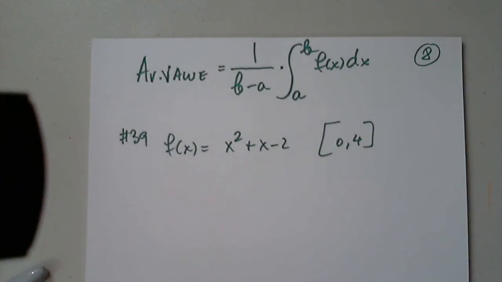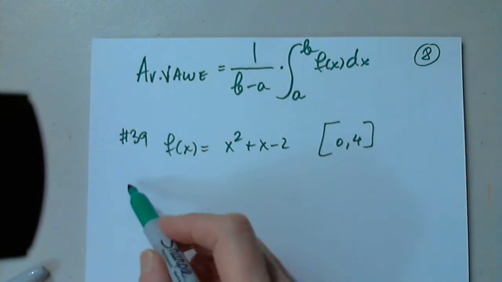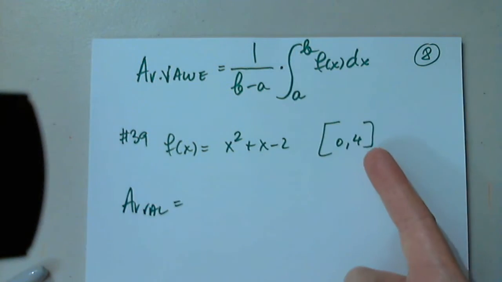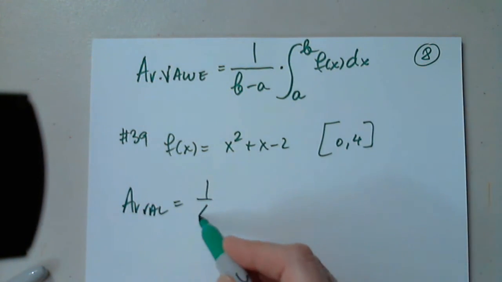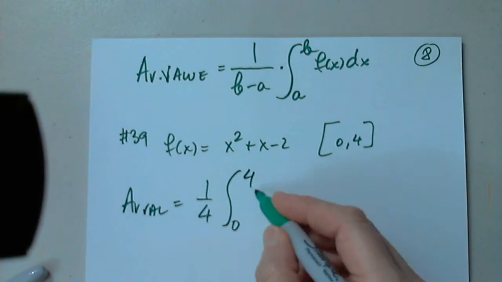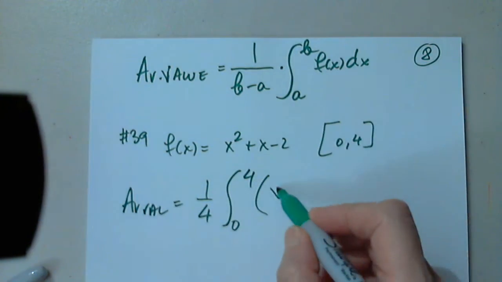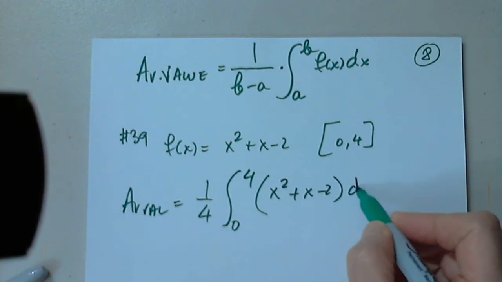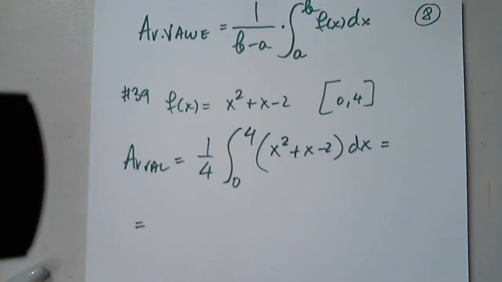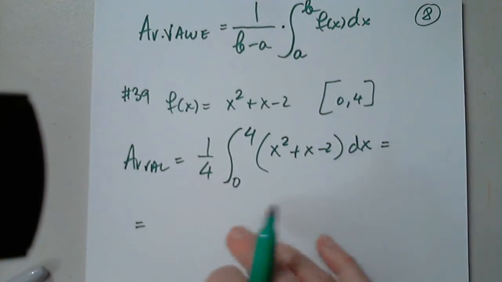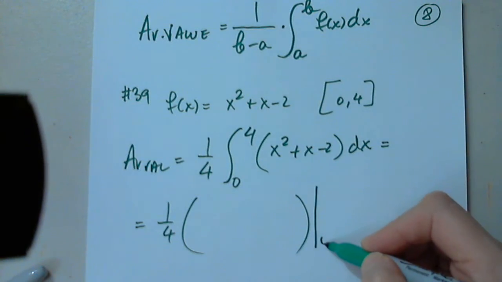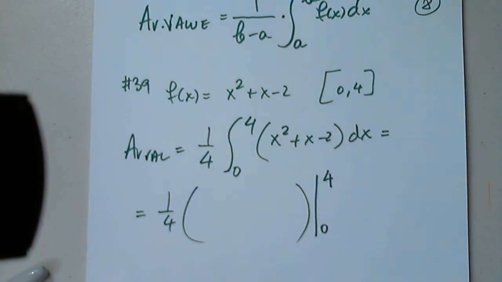The average value is 1 over 4 minus 0, the integral from 0 to 4 of x squared plus x minus 2 dx. We're going to find the antiderivative, with 1/4 in front, and evaluate it from 0 to 4.